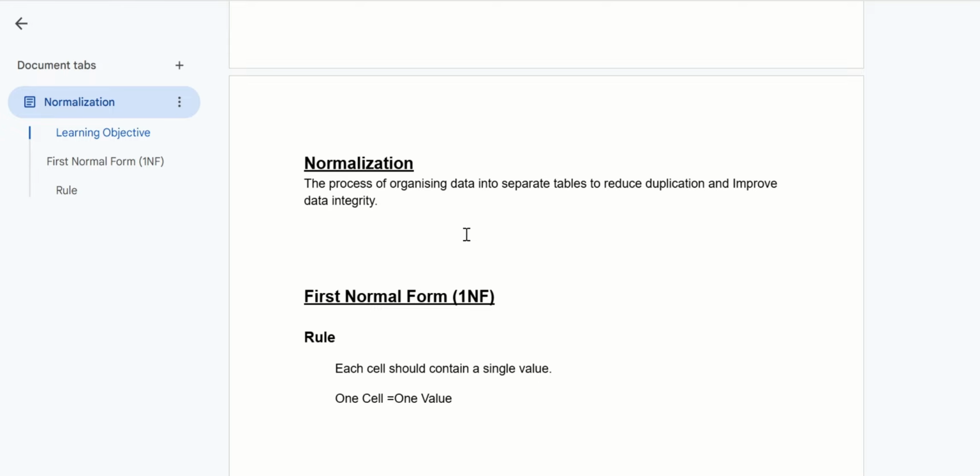There are different forms of normalization, but in this session we are only going to deal with 3 forms of data normalization.